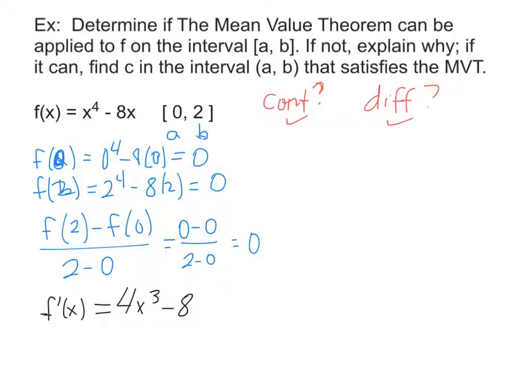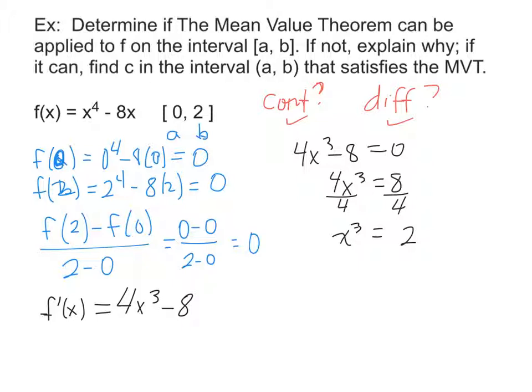This is the slope of my secant line, so I'm going to set 4x cubed minus 8 equal to 0 and solve for x. So 4x cubed will equal positive 8, adding 8 to the other side. Divide by 4. So x cubed equals 2. So x, of course, is going to be the cube root of 2, because I have to take the cube root of both sides.